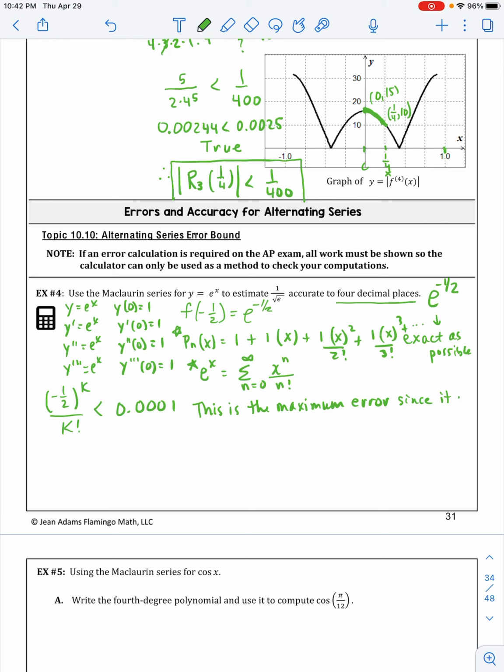Okay, so this is the maximum error, since it is an alternating series.